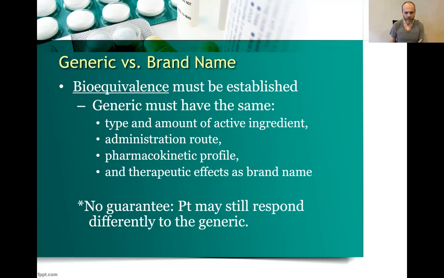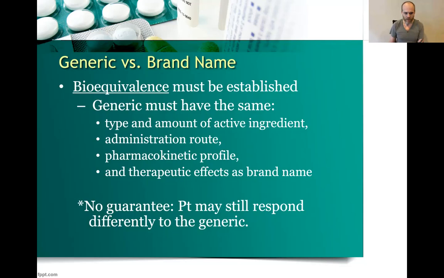And then after so many years, that patent on that drug expires, and then other drug companies can make it under the generic name. Well, they're making the exact same secret formula that the first pharmaceutical company had, but they've got to prove that their generic is exactly the same. So that's what's called bioequivalence.